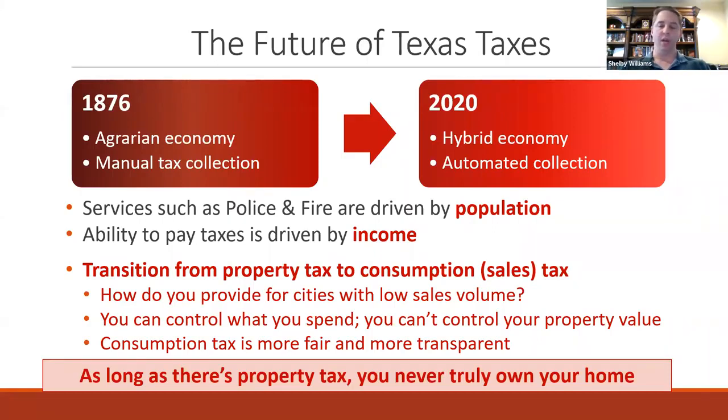We live in a very different age now, but if we were to simply get rid of the property tax right now and go to a consumption tax under the current system, it would be absolutely disastrous, because with the sales taxes right now, the bulk goes to the state, and then with each city, it's based on your sales revenue within that city.